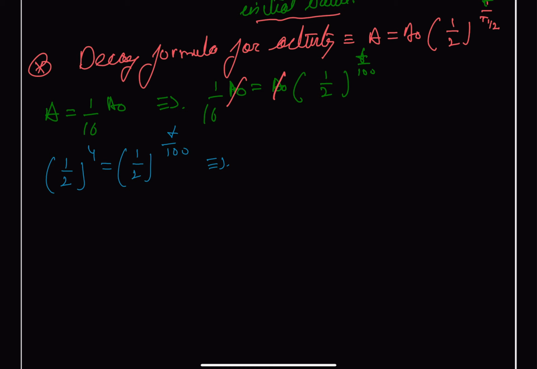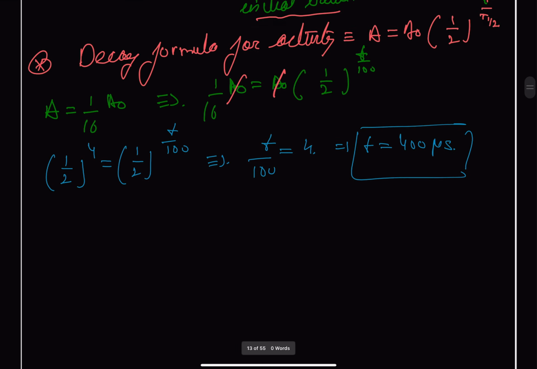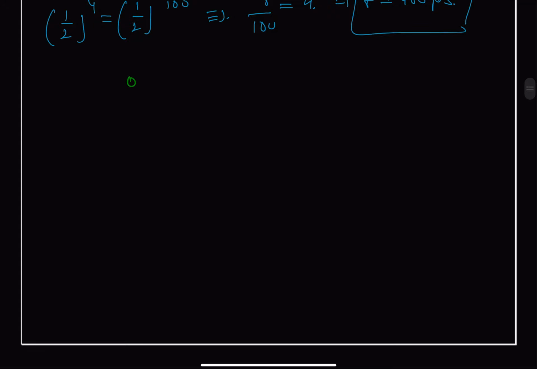This gives us that T upon 100 is equal to 4, and from here we get T is equal to 400 microsecond. So option A is correct. Next question.